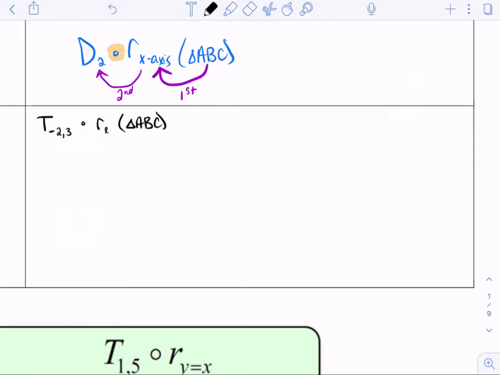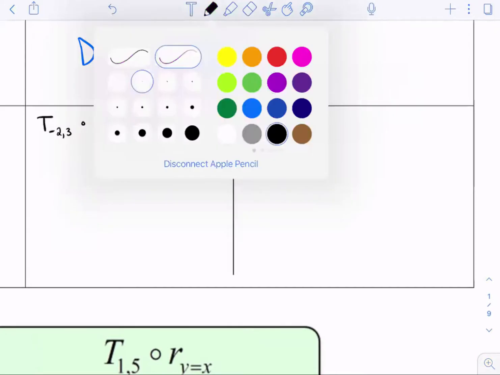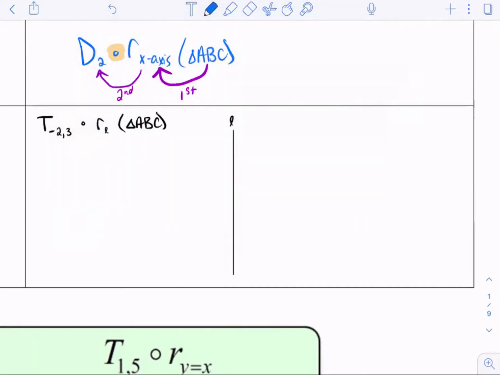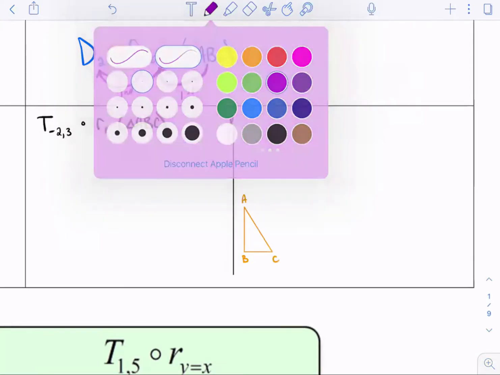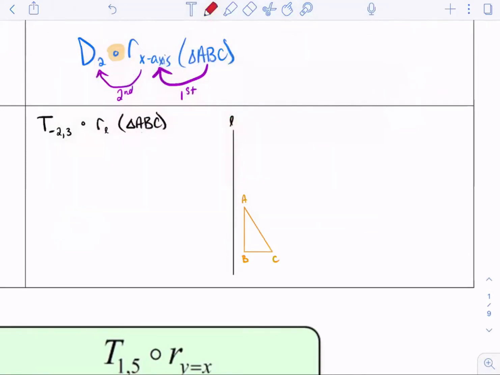All right, so I need to make a line. I'm going to call this line L. Okay, and ABC is going to start here. So here's triangle ABC. Now remember, I told you the first thing you have to do is you have to work backwards. So I'm going to take triangle ABC and I'm going to reflect it over line L first. So it will end up here.